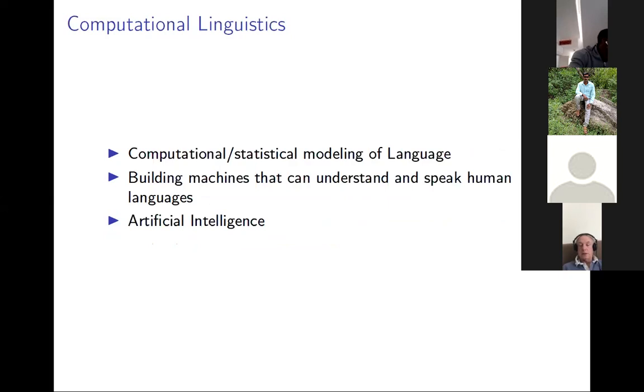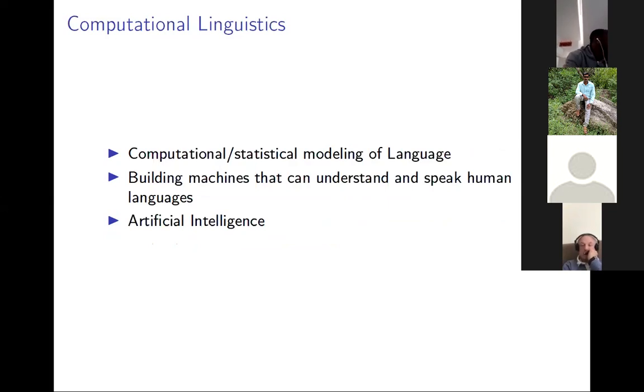There is also computational linguistics, which has become really popular in the last few years, especially the last decade. This is looking at the computational and statistical modeling of language. So take phenomena in language and see if you can have statistical explanations and computational explanations.